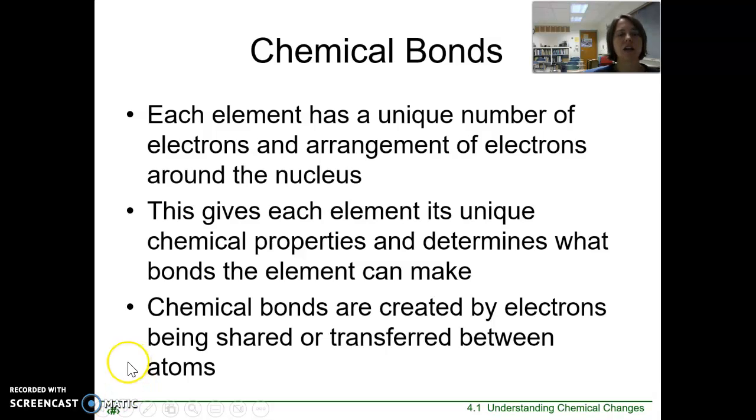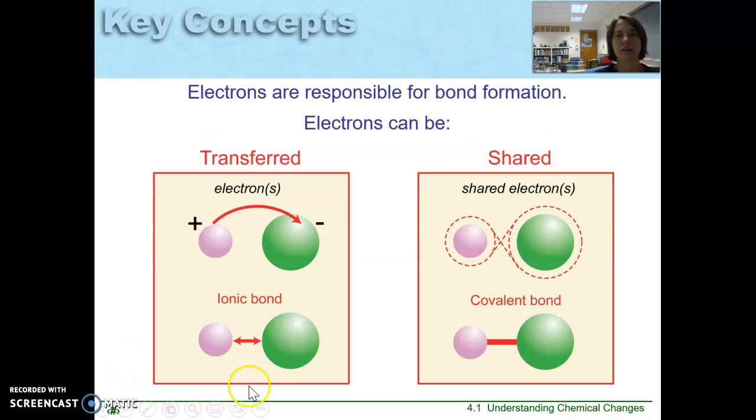So let's take a look at some electrons and chemical bonds. We know electrons are responsible for chemical bonds, chemical reactions, and molecules forming. They could be transferred. When I have a sodium ion, it wants to give up its electron and become positive, and it gives it to chlorine, which becomes negative.